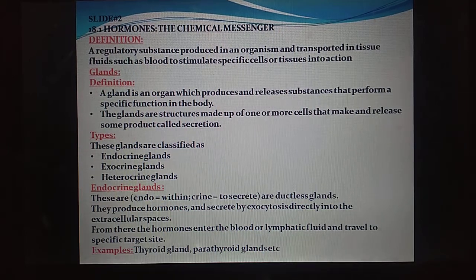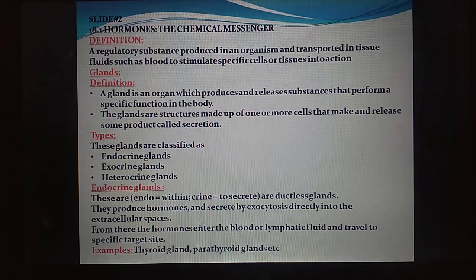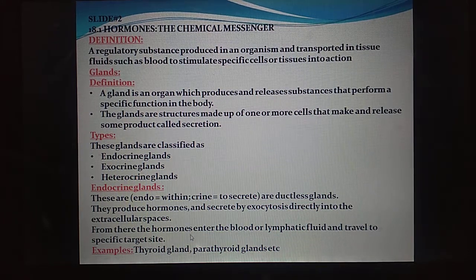Okay, so if we want to study the route, first the endocrine gland will secrete its secretion, which is basically a hormone or chemical messenger. These chemical messengers come out through exocytosis directly into the extracellular spaces and then enter the blood or lymph. So through the circulatory fluid, it reaches each and every cell of the body.